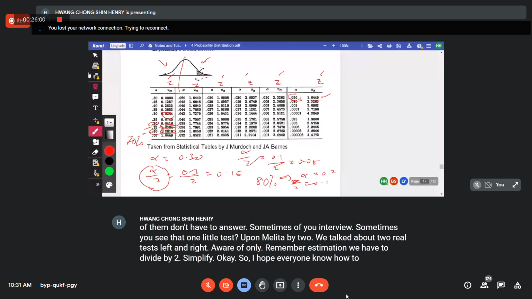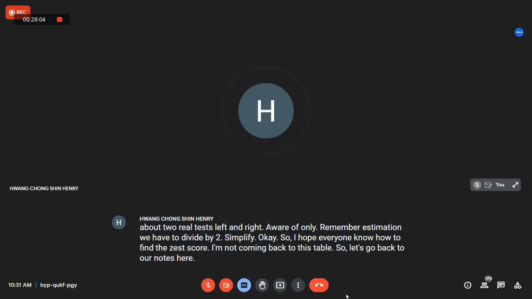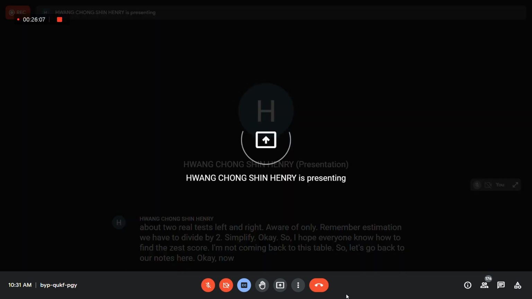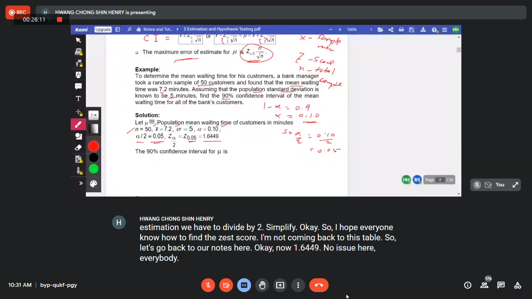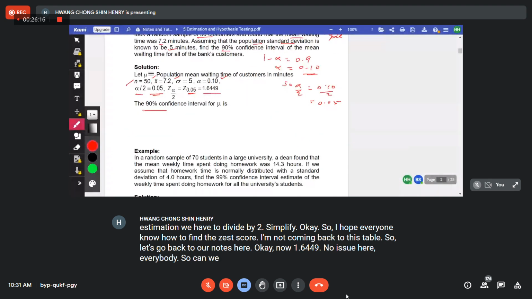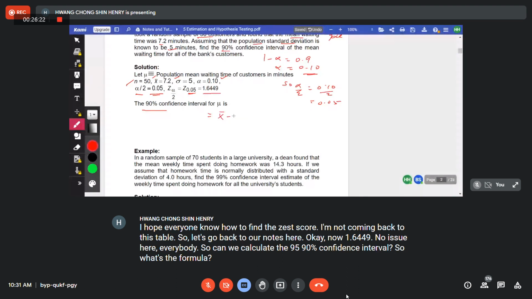So let's go back to our notes here. Okay, now 1.6449, no issue already, right? Everybody knows how to find it. So can we calculate the 90% confidence interval? So what's the formula? This is the left-hand side, right? This is the right-hand side.